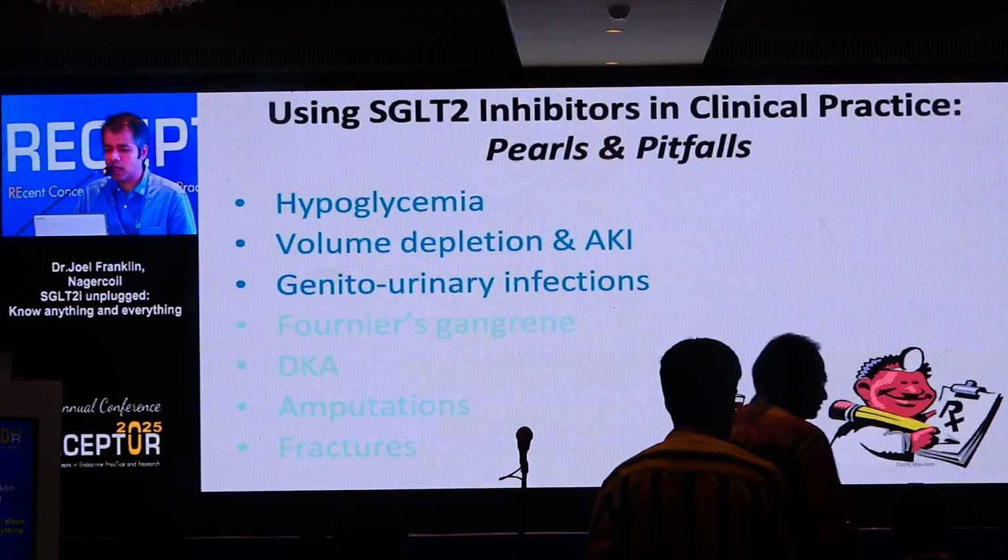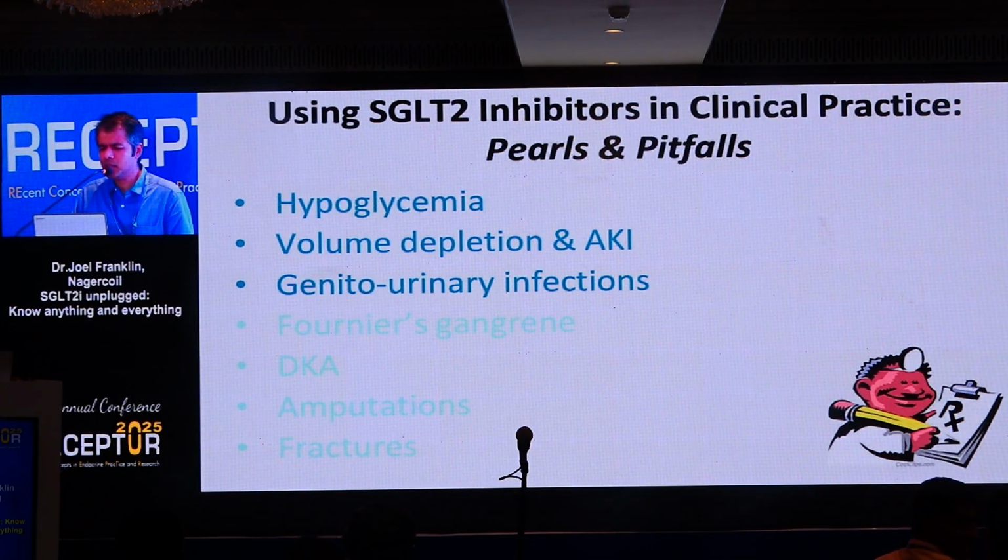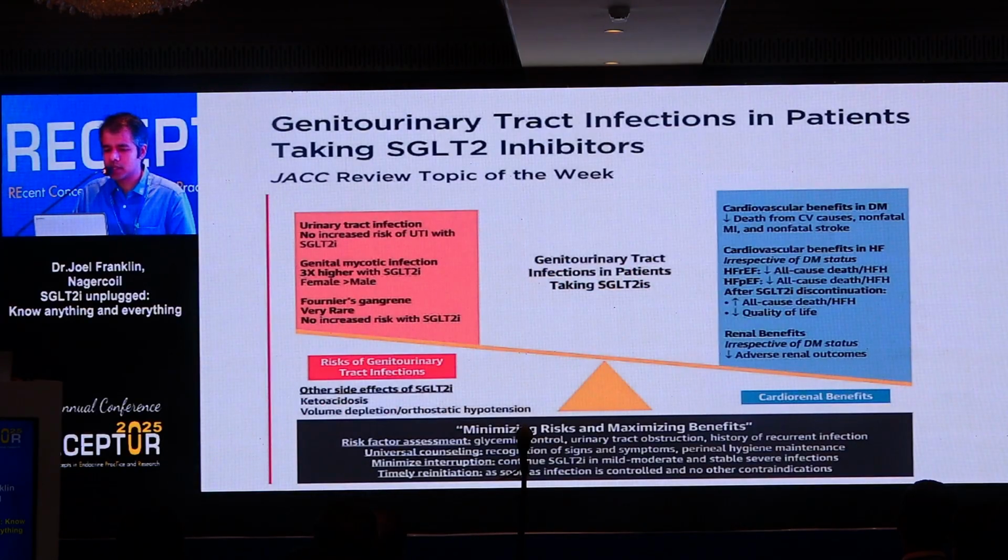Volume depletion and acute kidney injury is a transient thing. If the creatinine rise is more than 30%, then you have to evaluate for other causes. Genitourinary infections: I'll be having a mixed opinion on this. This is from a 2024 review article.